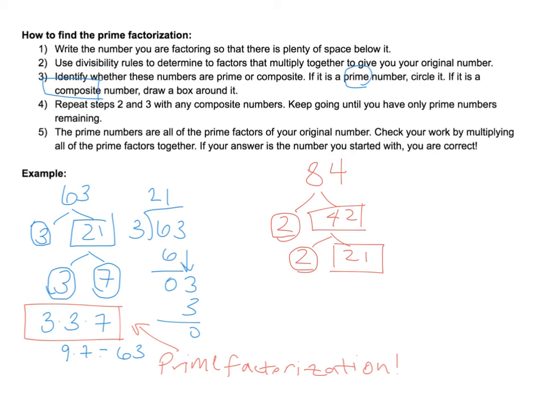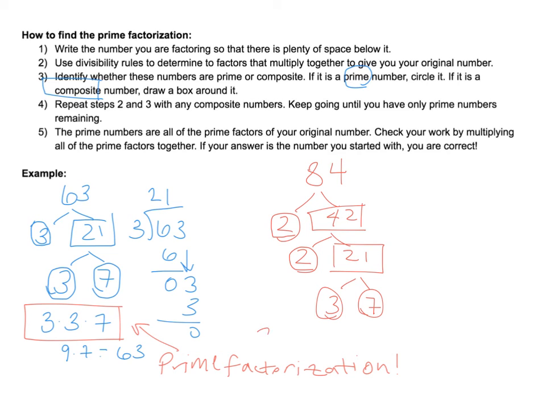Now, are we done yet? No, we're not, because we still have a composite number down here. I know that we had 2 steps in our last problem with 63, but this one, remember, we're just going to keep going until we have all prime numbers. So 21 breaks down to 3 times 7. 3 is prime, and 7 is prime. So now we are done, right?